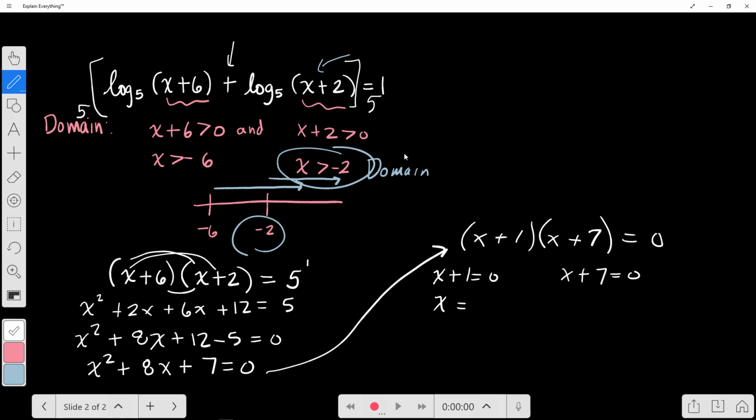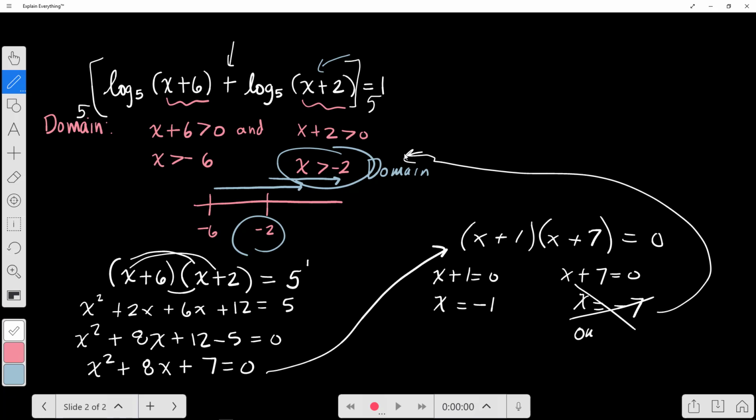I get x is -1 and x is -7. Now do you see why we like to do this? Because -7 you're going to omit because it's not in the domain, and thus -1 would be our answer. So you have to be careful with these, and look to see if they're in the actual domain.